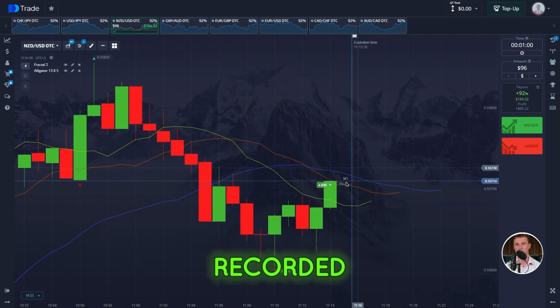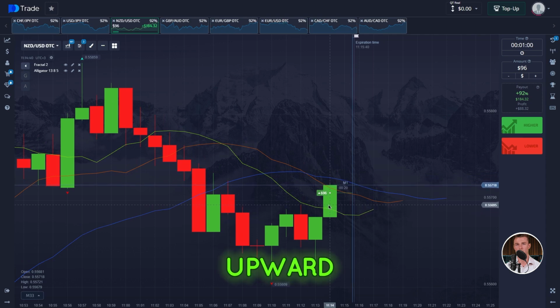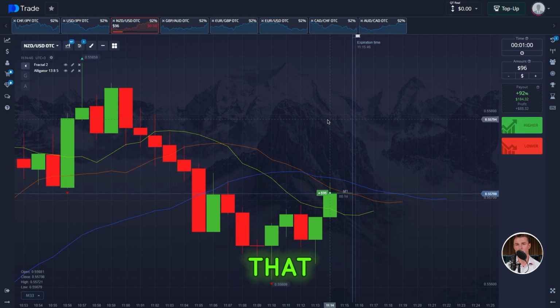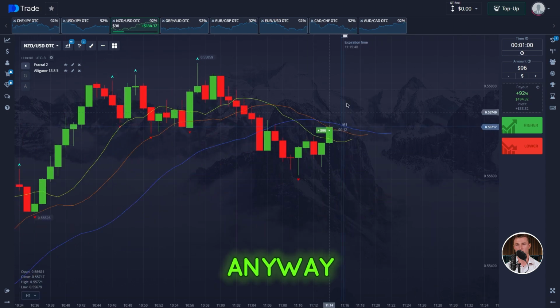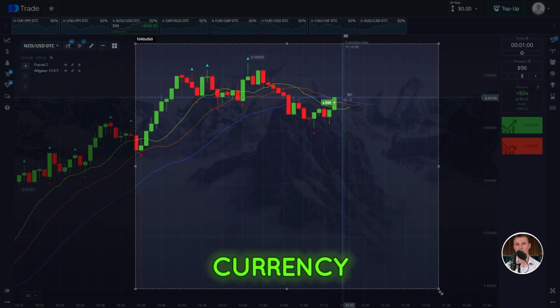We recorded a not very successful entry into the deal. The candle gave us a sharp upward impulse and a few levels higher we open a deal here. But in general, I think that the dynamics will come up anyway. We have an upward trend now prevailing on this currency pair.